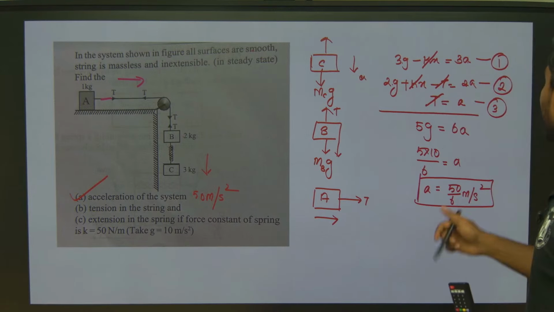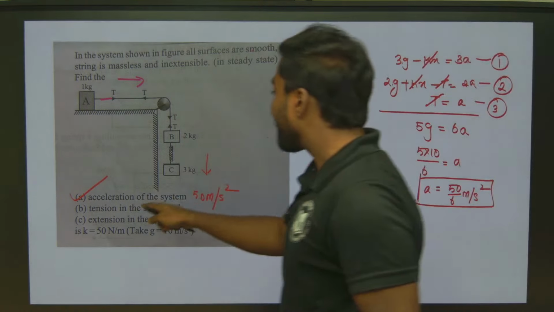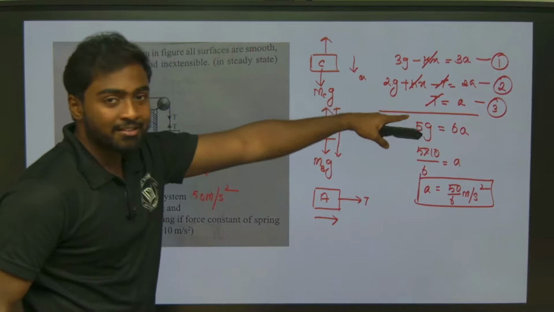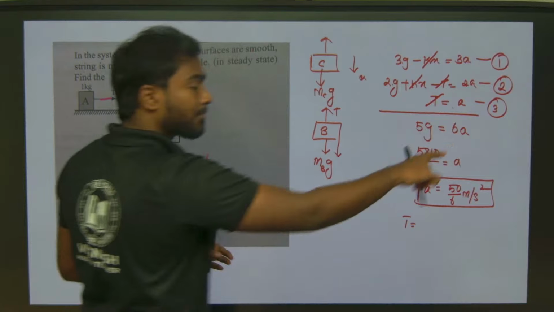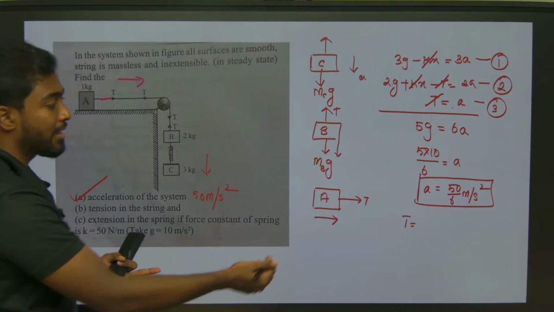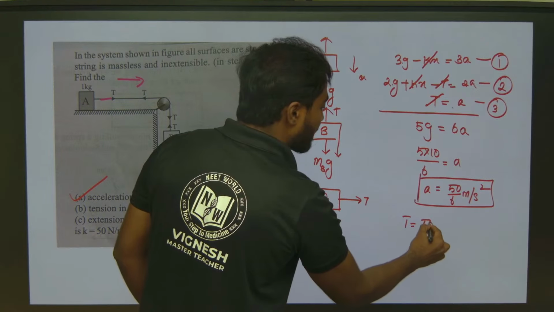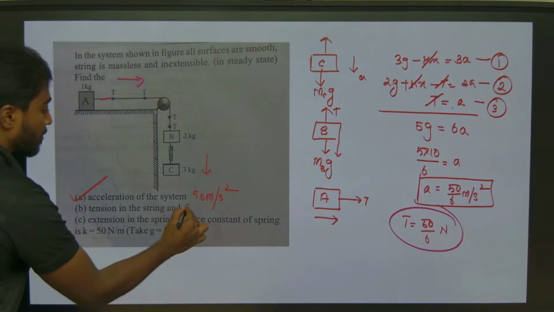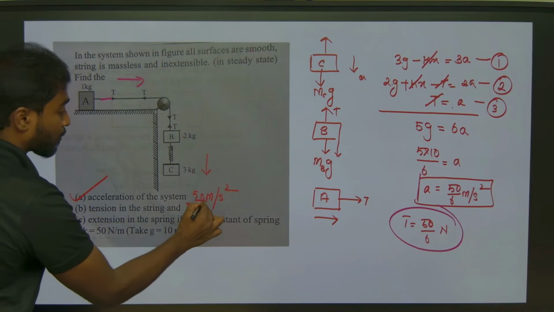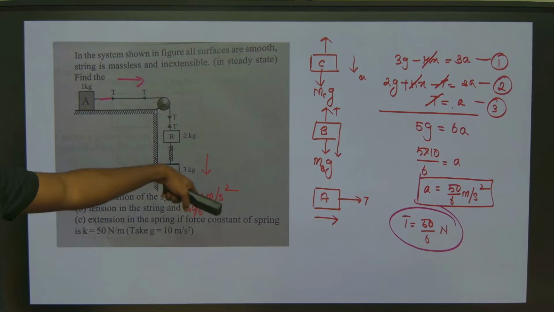The third equation is T equals a, so I can directly get the value of tension. Tension is mass 1 kg times acceleration 50 by 6, so 50 by 6 Newton is the answer for the tension. Acceleration is 50 by 6 and tension is also 50 by 6.